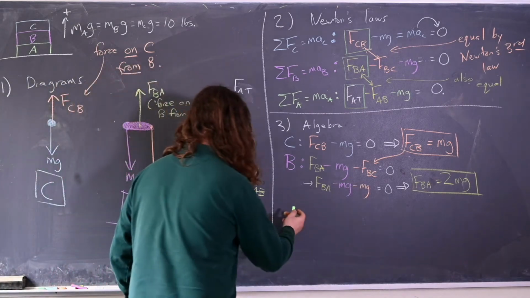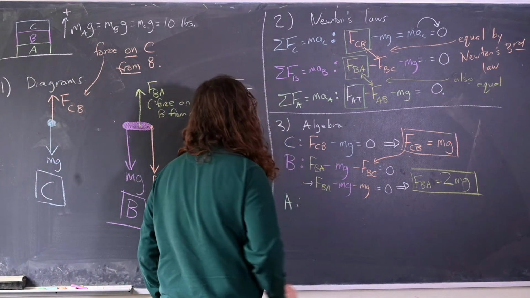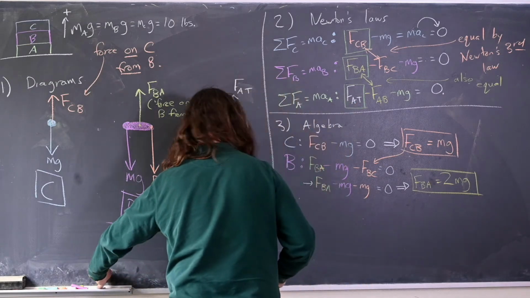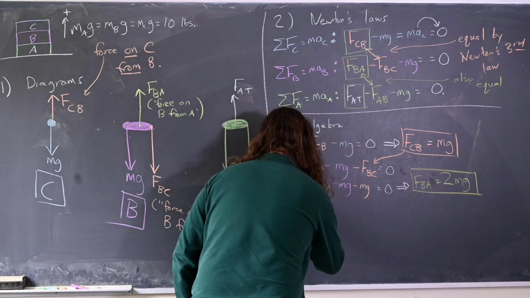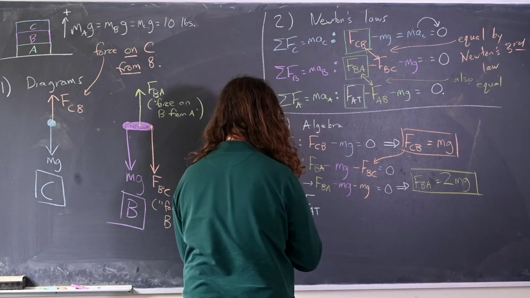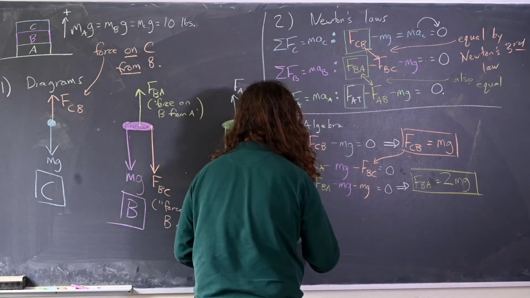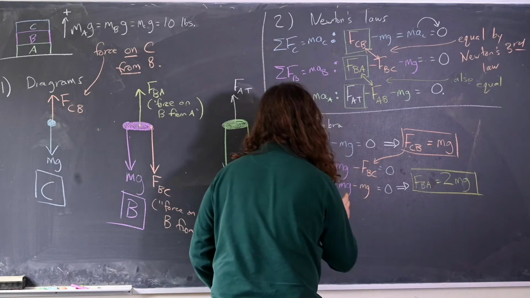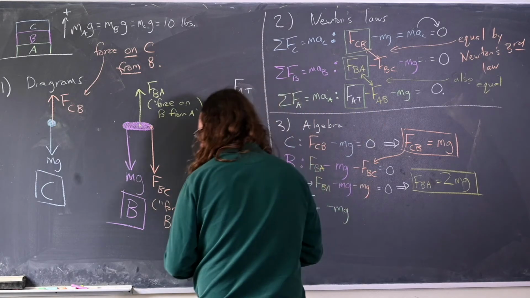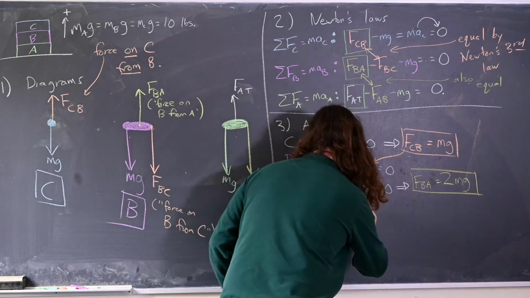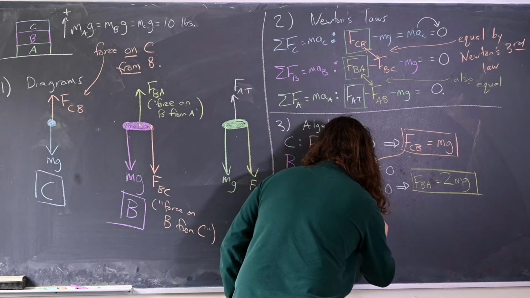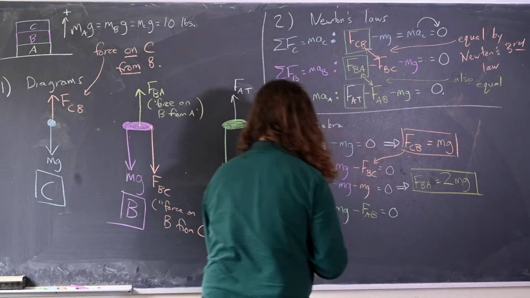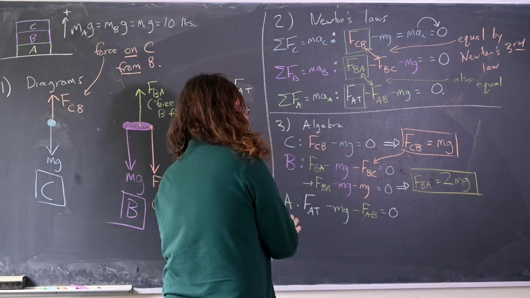For the third one, I'm just going to copy down that equation now. The force on A from the table minus that weight minus FAB, all that's equal to 0. Well, same deal.